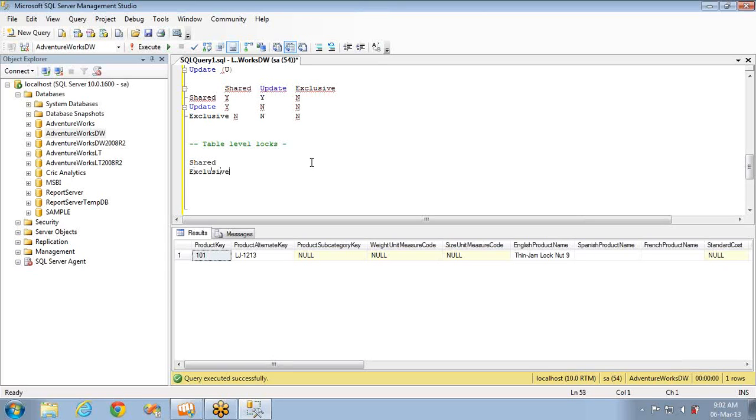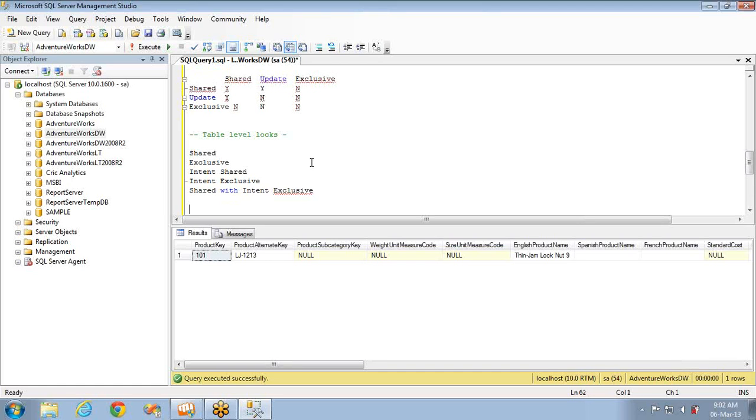We already discussed these two. And the third one is intent shared, intent exclusive, shared with intent exclusive. So these are all the different types of locks you can set at a table level.